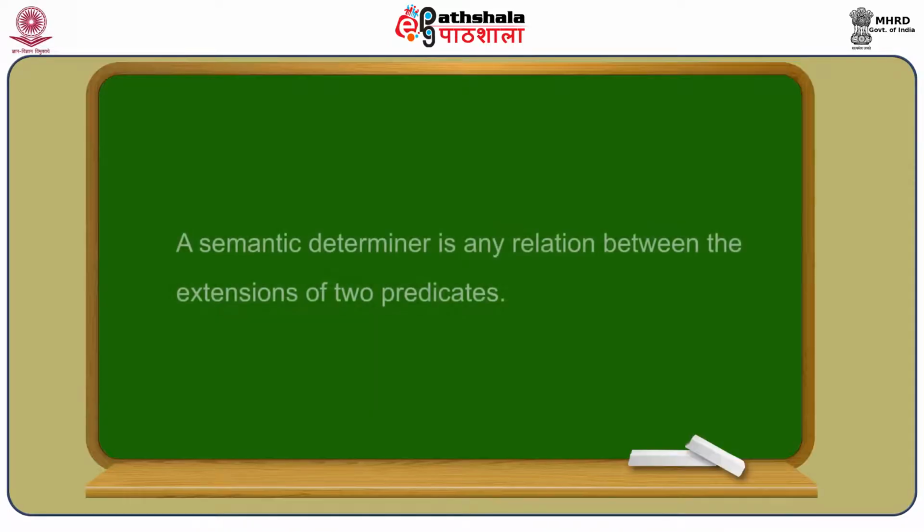Now, there are lots of things that could be possible semantic determiners. The way we are looking at it, a semantic determiner is any relation between the extensions of two predicates. Depending on how you look at it, you can see it as a second order predicate of two concepts, following Frege, or in our terms, you could take semantic determiners as expressing relations between two sets. Now, there are all kinds of relations between two sets.